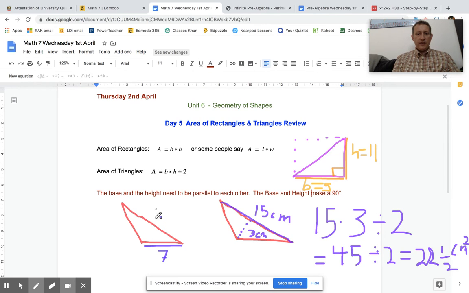Well, the height's got to be perpendicular, and it's got to touch one of the other corners. Well, if I do perpendicular here, it's not going to work. It can only work from right here to have a height. And see that that's perpendicular from the base.